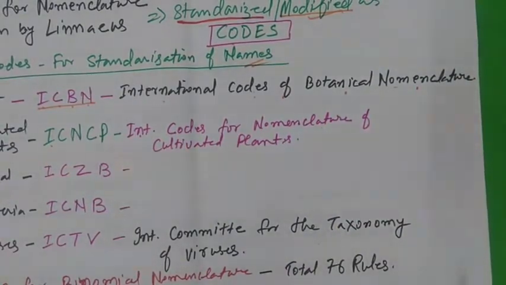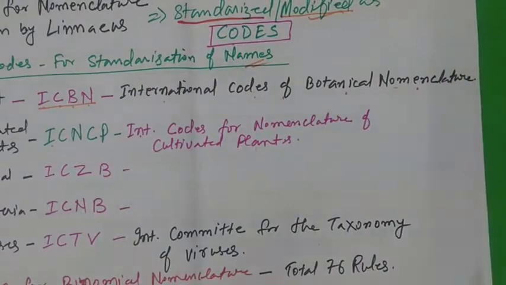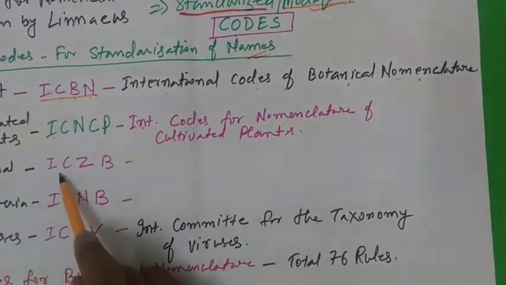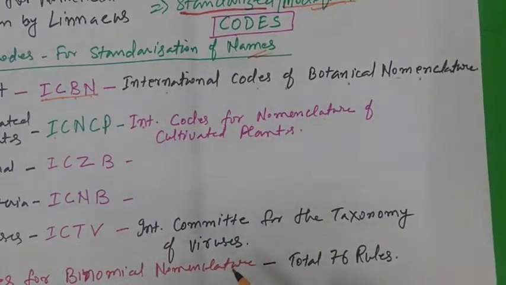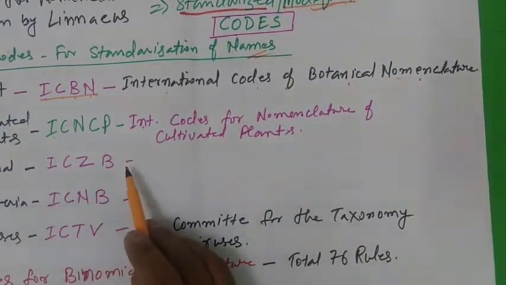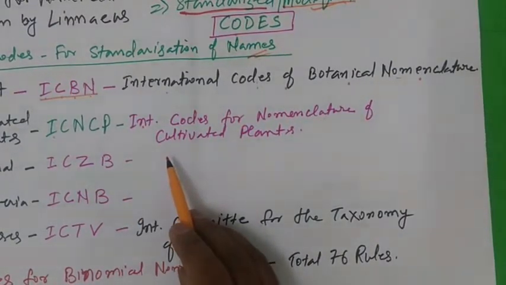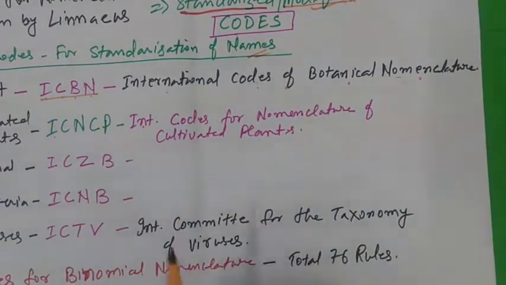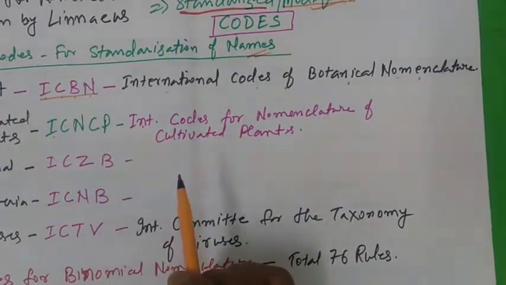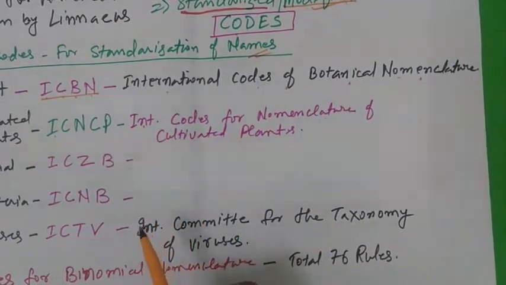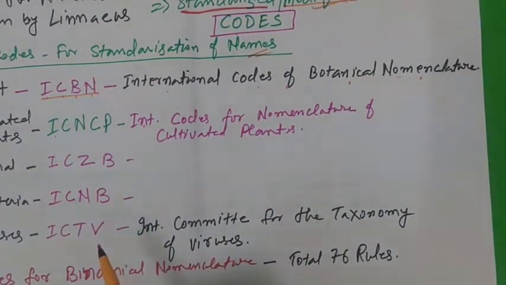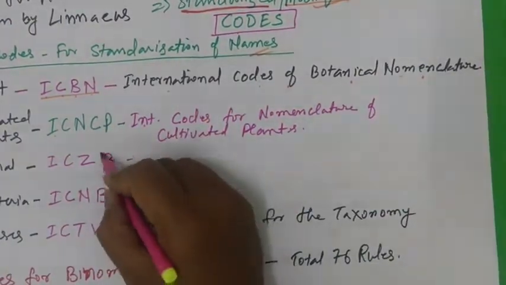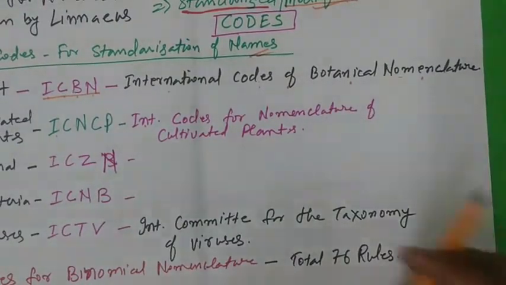Another code is for the animals. This is the ICZN. Write it yourself in your notebook. ICZN is the International Code for Zoological Nomenclature. I wrote a mistake earlier, correct this one: it is ICZN, not ICZB.